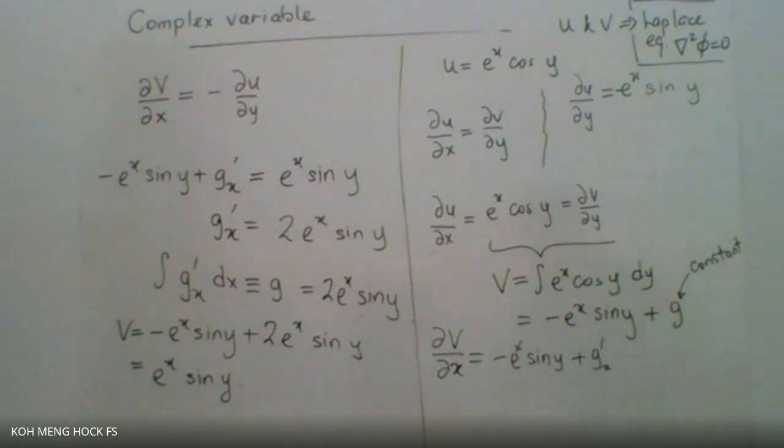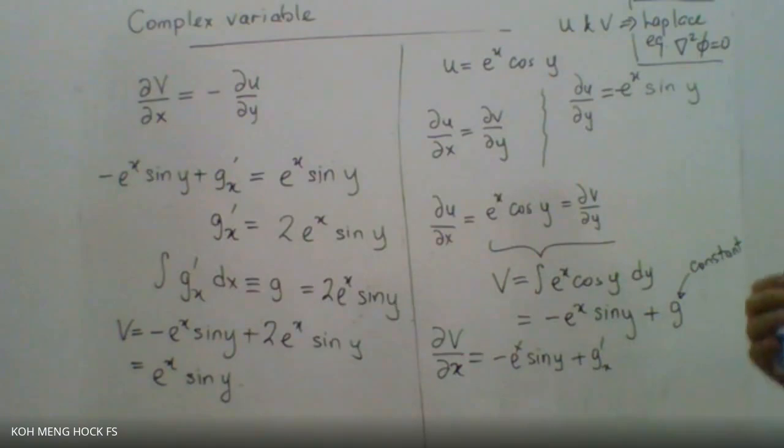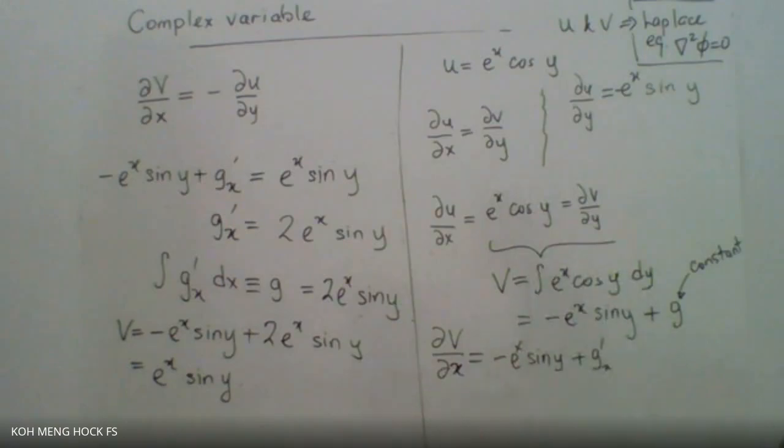I think this is very fun. I hope it's fun to you. And we see there are many concepts. You have the analytic function, and you start with the real and imaginary parts of the function. Then you have the Cauchy-Riemann conditions to show that this is a harmonic function.